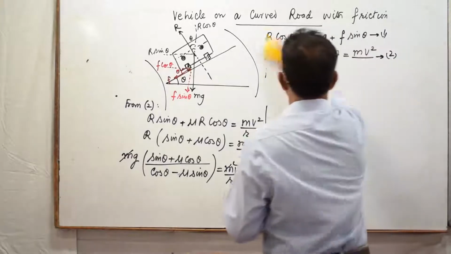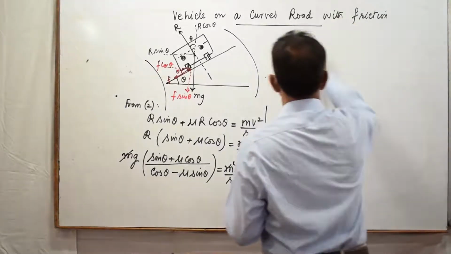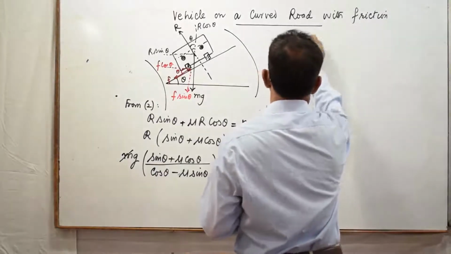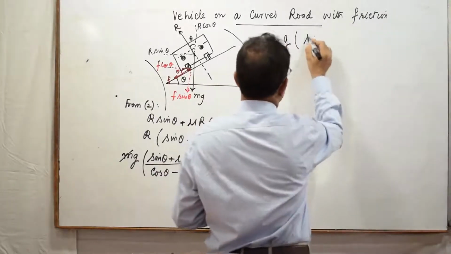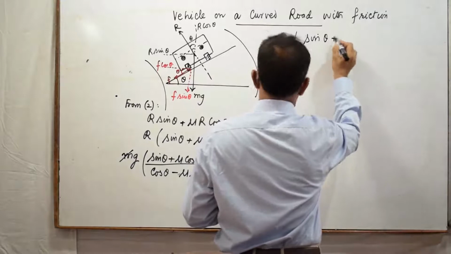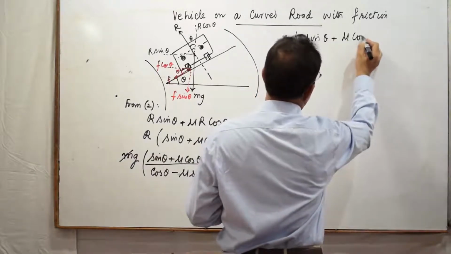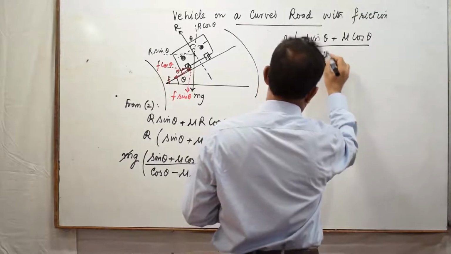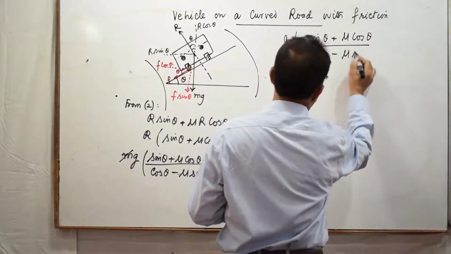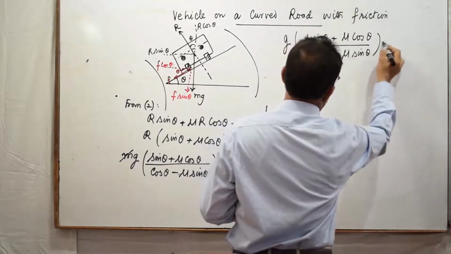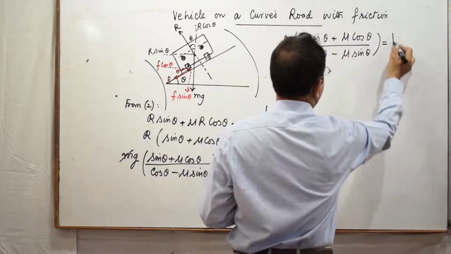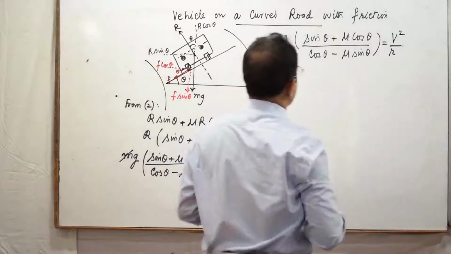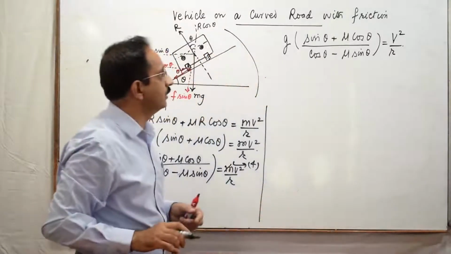So we have g multiplied by sin theta plus mu cos theta divided by cos theta minus mu sin theta equal to v square by R. Now here I would like to introduce tan theta.